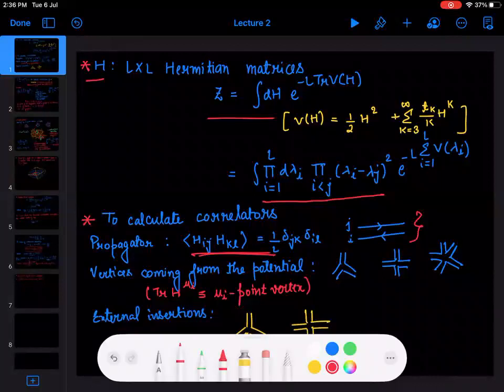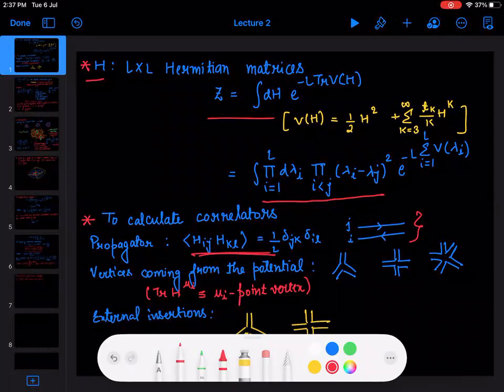It goes like 1 over L. And then since our potential is a power series potential, we have all the powers of H, say H cube, H to the power 4, and so on. So we have an infinite number of vertices coming from the potential.